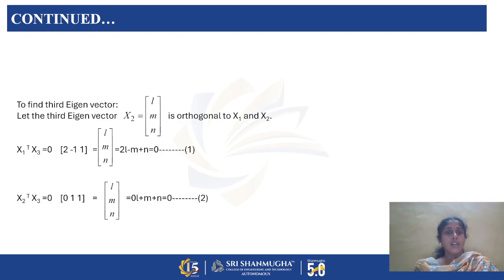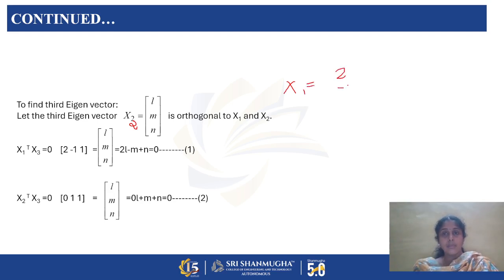Next, this is what I told you is different. To find the third eigenvector, I have to choose x3 as (L, M, N), which is orthogonal to x1 and x2. Orthogonal means x1 transpose x3 equal to 0. My x1 eigenvector is 2 minus 1 1.